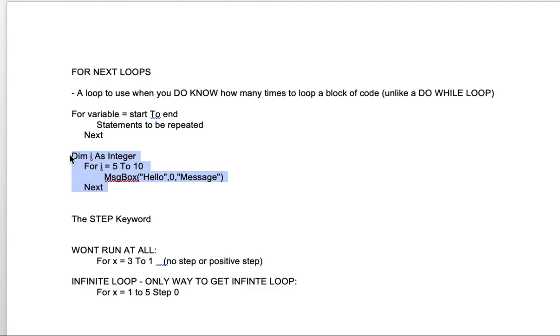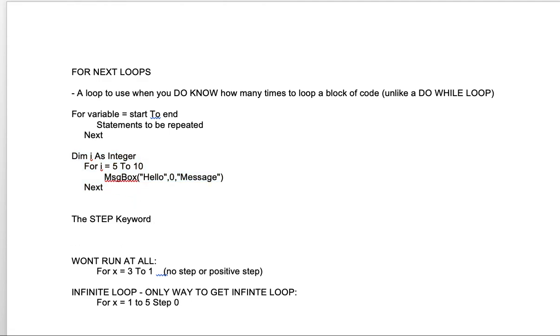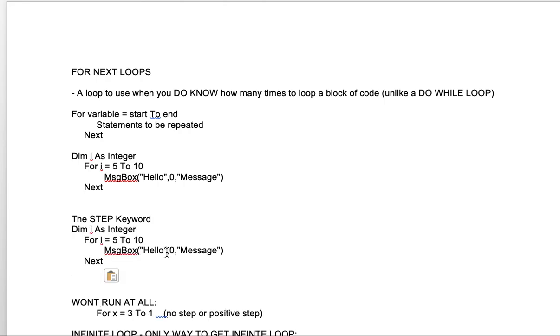For example, if I take this and paste it down here, and let's go 1 to 10, but I'm going to say Step 3. So this actually increases I not by 1 every time, but by positive 3.